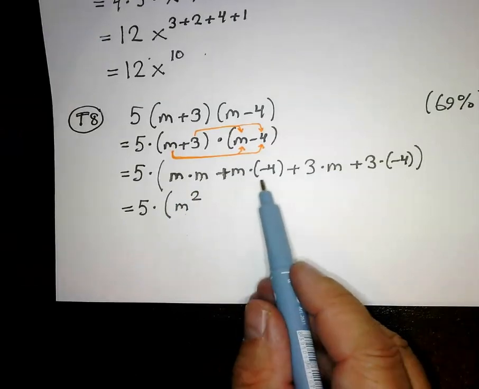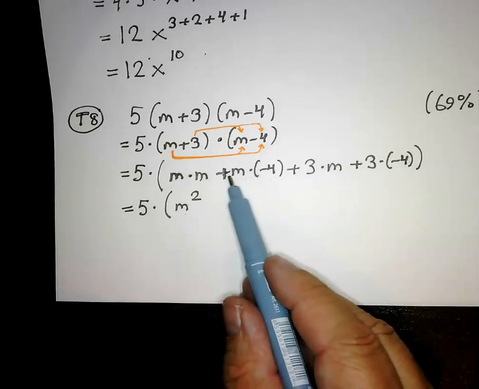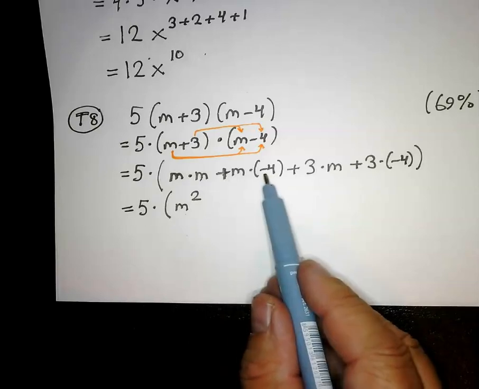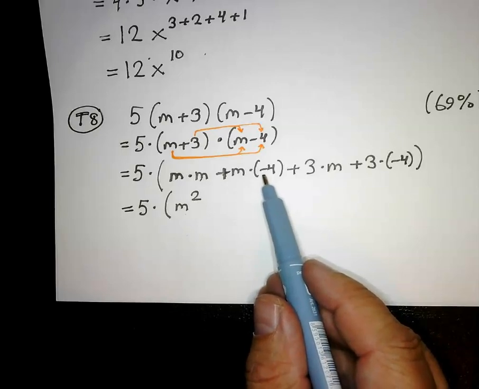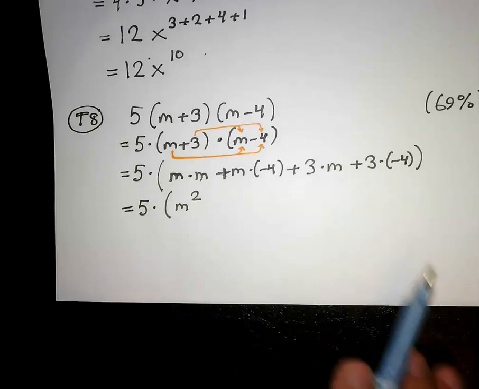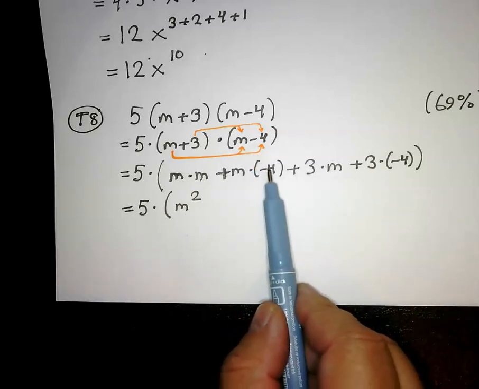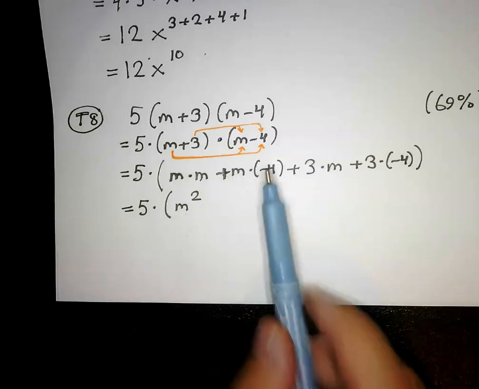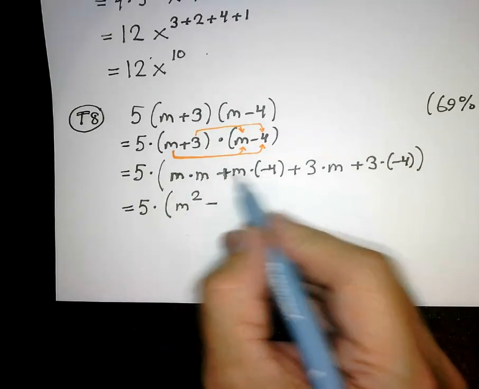Then we have m times minus 4. There is a plus sign and a minus sign. If in the multiplication there is only an odd number of minus signs, so 1, 3, 5, 7, then the minus stays. And here we have minus, because there is only one minus in the multiplication.